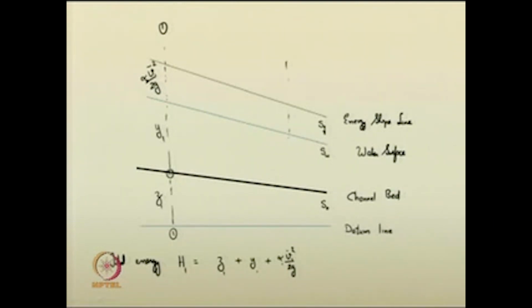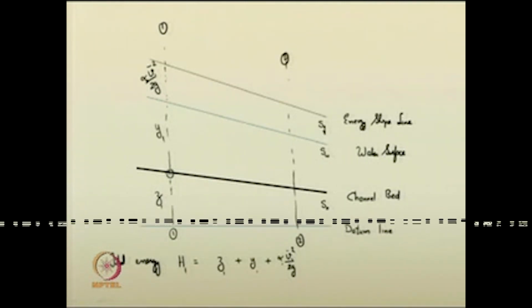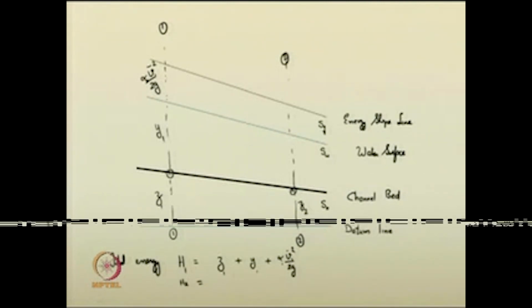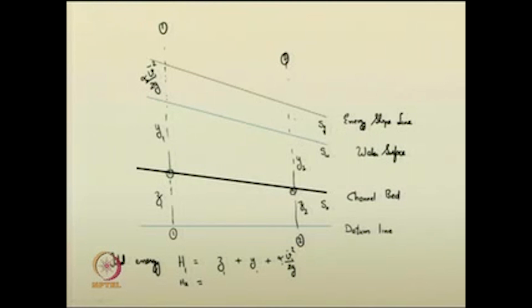Similarly, if I take another section 2, and the bed of that section is at an elevation Z2 from the datum line, then I can easily write H2 is equal to Z2 plus Y2 plus alpha 2 V2 squared by 2g.